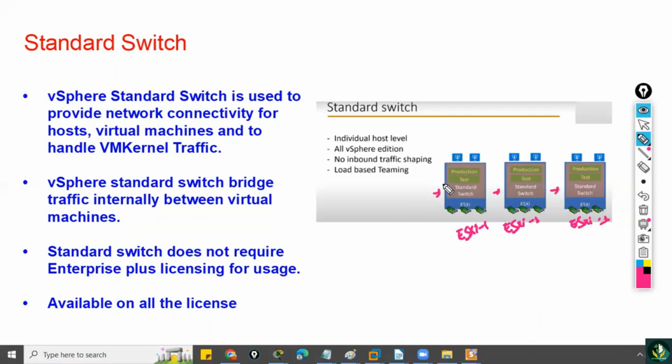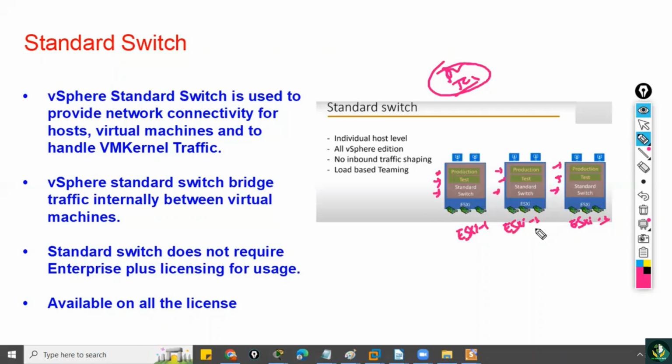Let us say you want to create two port groups, production and test, on all the ESXi hosts. So you will access ESXi1 individually, then create the production port group, then the test port group. Then you will go to ESXi2, create production and test, then go to ESXi3 and create the production port group and test port group.